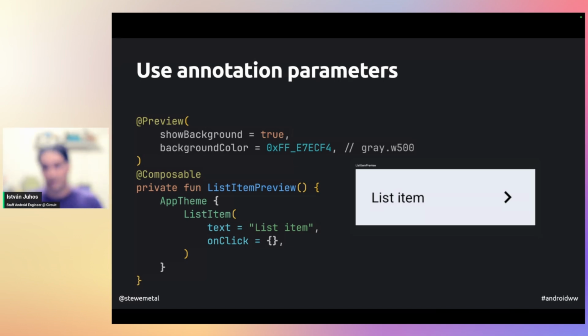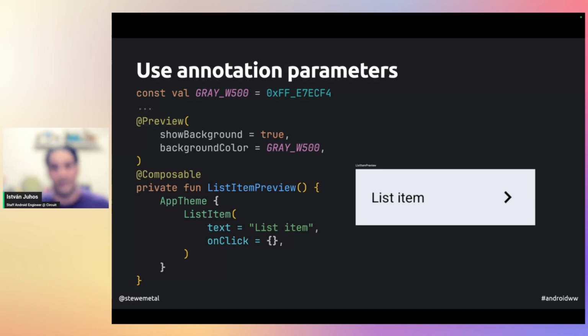So let's say that gray W500 value is coming from our design system's color system. So we have some grasp on what that constant color value actually means. Another idea is to move this to an actual constant value that we name, and then we can use the name of the constant as the background color's value reference.